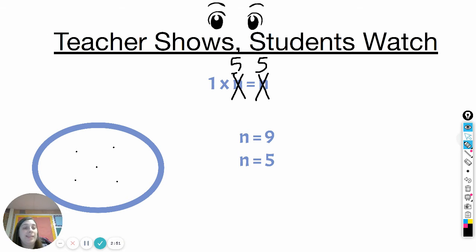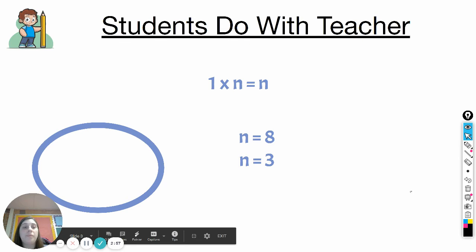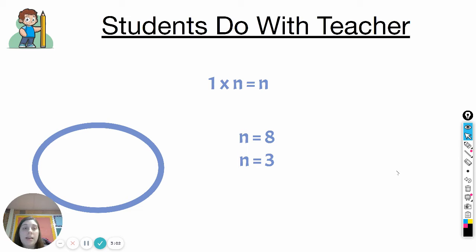So now I'm going to have you practice that with me. First, we're going to do n equals 8. So on your whiteboard, I want you to write 1 times 8 equals. So write that equation on your board. Then go ahead and draw this big circle.